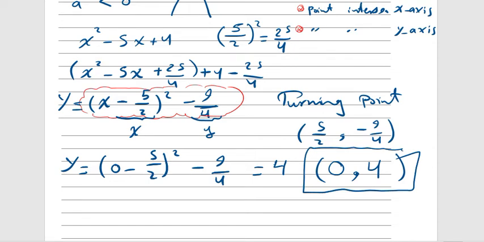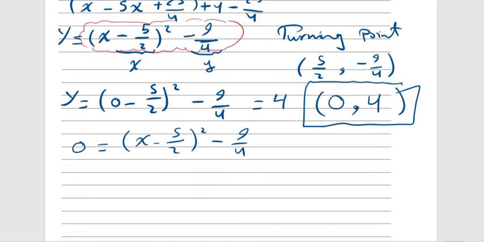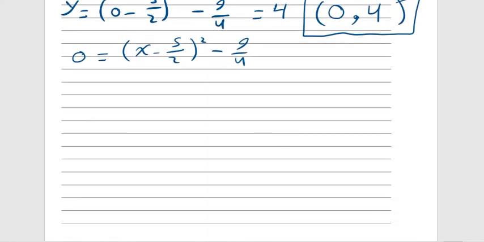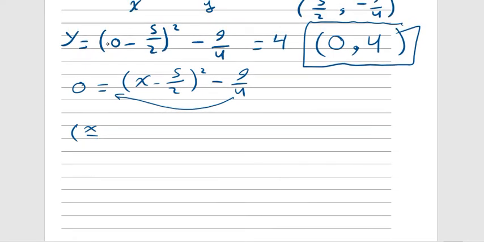How do we find the points of intersection with the x-axis? Similarly, we will put y equals 0 and solve the equation. So 0 equals x minus 5 over 2, all to the power of 2, minus 9 over 4, and complete the solution. Move this part to the other side. So x minus 5 over 2, all to the power of 2, equals 9 over 4.